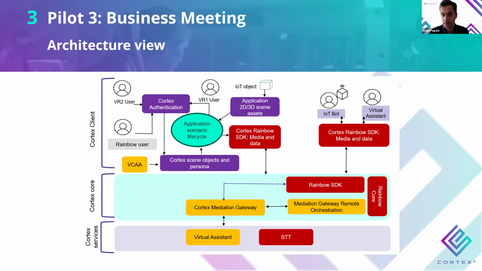And also a specific bot, we named that the IoT bot, because when you want to pull information from your IoT devices, you can do it technically through a bot that lives inside the Rainbow SDK and is listening to your requests and provides your information. And it's the same mechanism as we use for the virtual assistant.